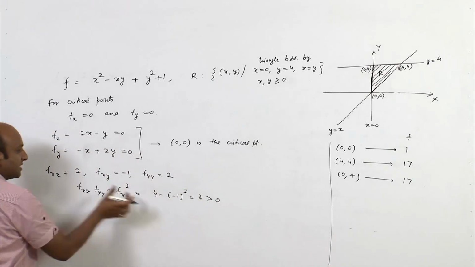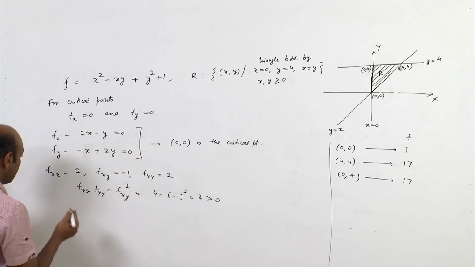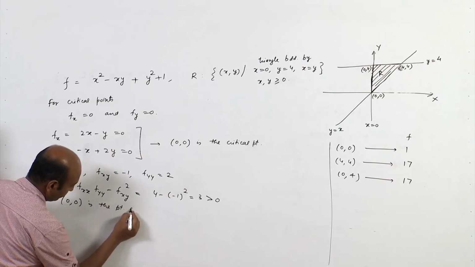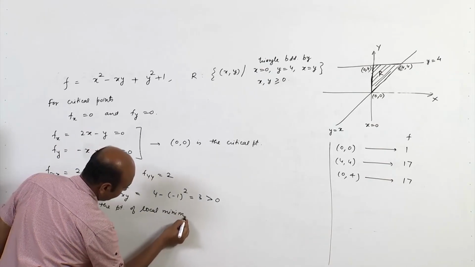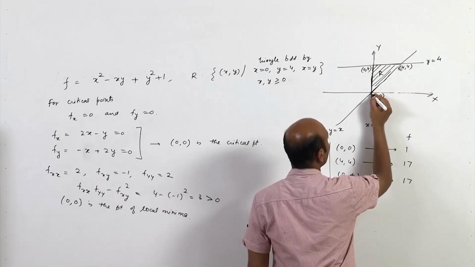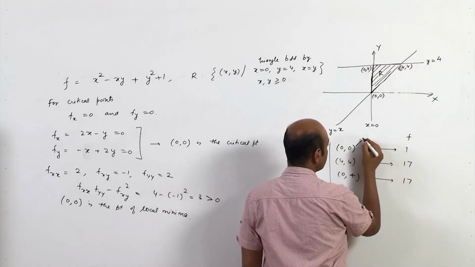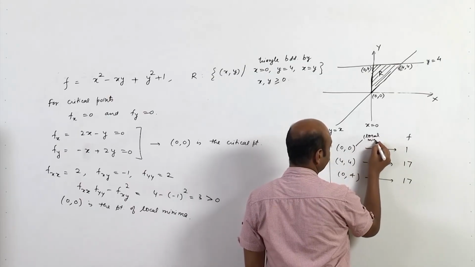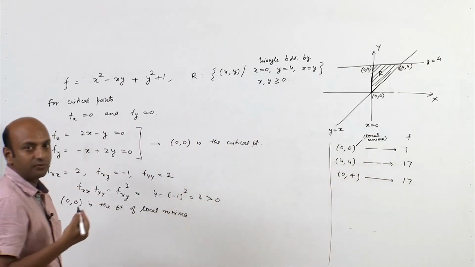This means 0 0 is a point of local minima. However, this point is on the boundary itself.